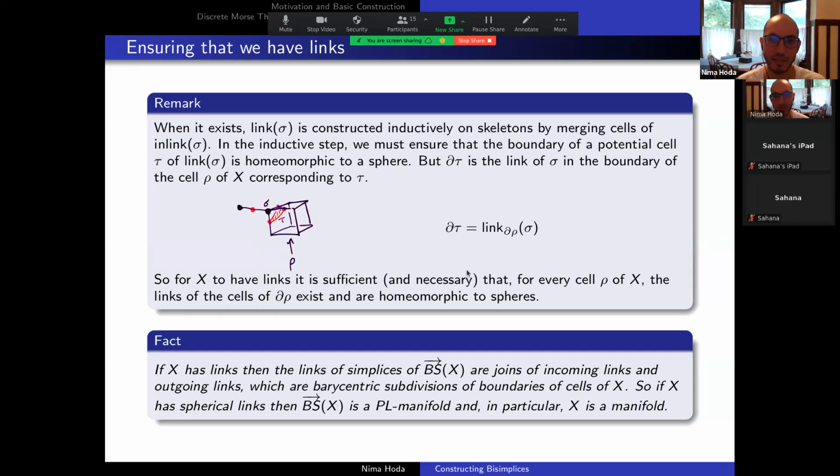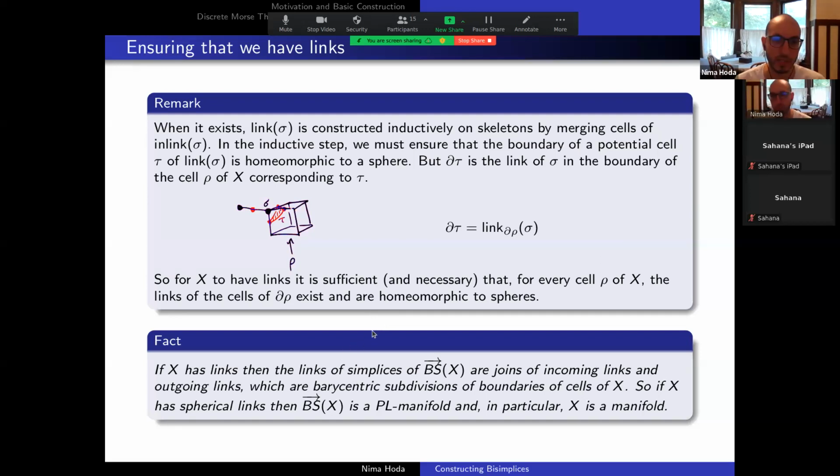And that's a sufficient and necessary condition for us to be able to plug tau there. And so for X to have links, it's a sufficient and necessary condition that for every cell rho of X, the links of the cells of the boundary of rho exist and are homeomorphic to spheres.